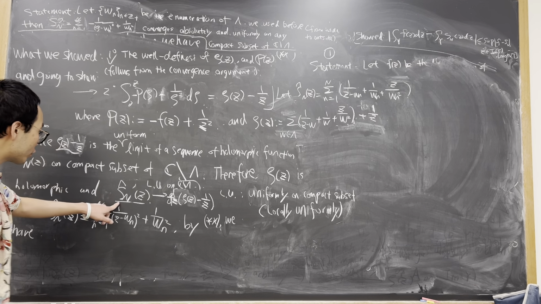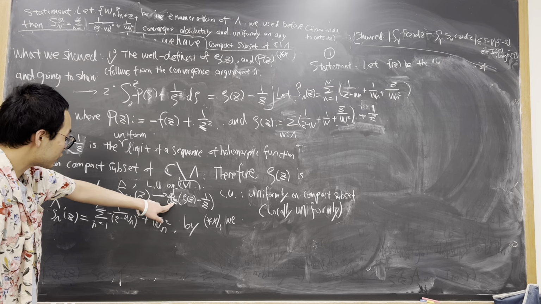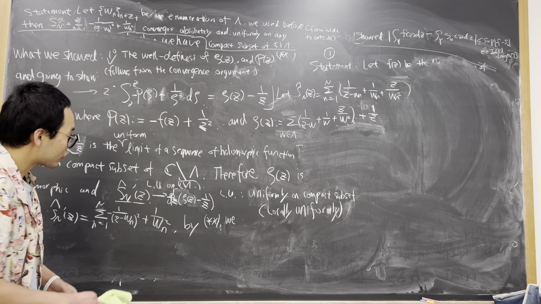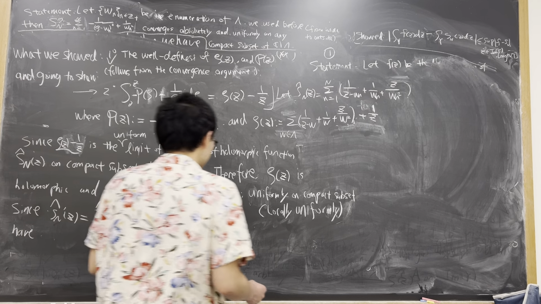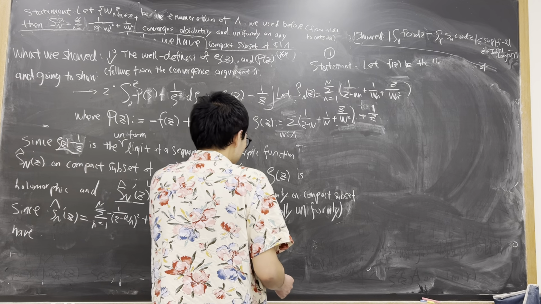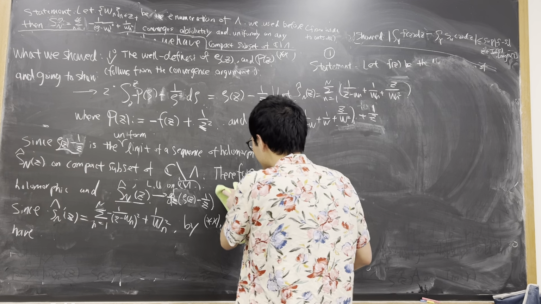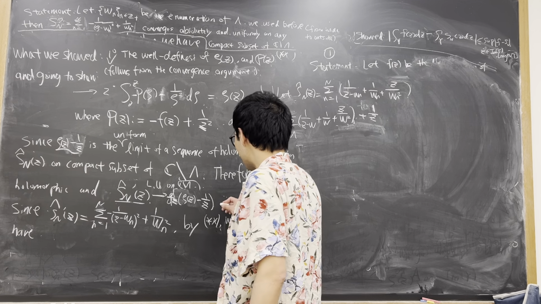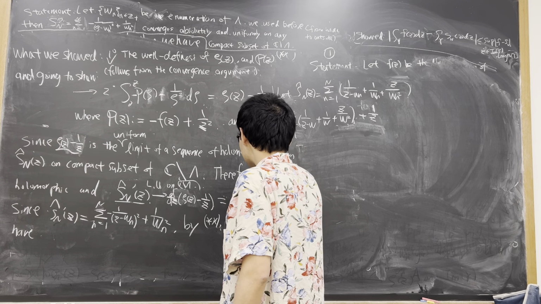So this converges locally uniformly to this, which is the same thing as zeta prime z.